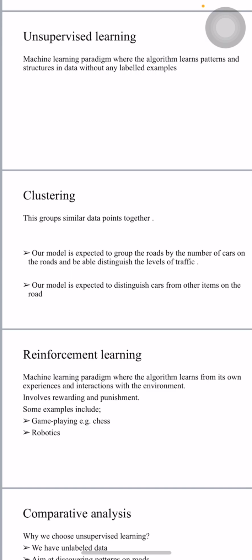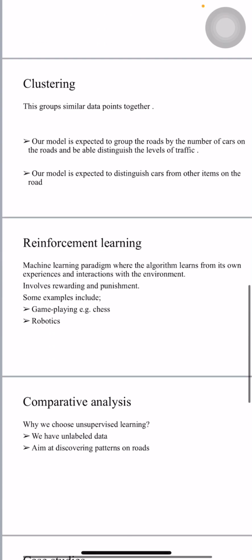We shall need a grouping or clustering of roads with a lot of traffic, moderate traffic, and then little or no traffic, so that our model is able to distinguish that this road has high traffic, this road has moderate traffic, this is how a road with zero traffic looks like, so that when presented with a road, it will be able to judge that this road falls under this category, and be able to recommend accordingly. That's how we intend to use it in our model.